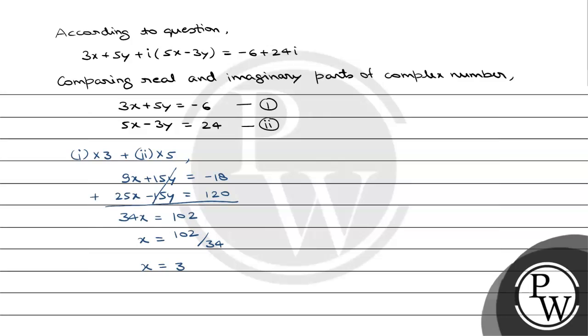Now we will use the value of x in equation number 1 and we will get the value of y. So substituting x equals 3 in equation 1, we'll get 3 into 3 plus 5y is equal to minus 6.